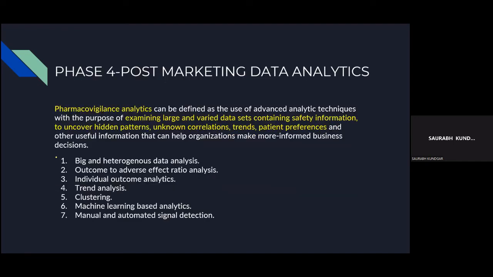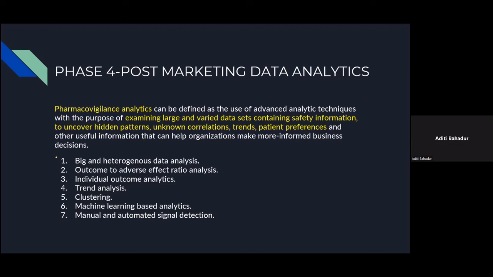And now let's see what happens in phase 4 data analysis. So phase 4 analysis is when we get into a phase called pharmacovigilance analytics. This is basically very complex and also much larger data. Here one uses advanced analytical techniques with the purpose of examining a lot of data as well as a variety of data sets.